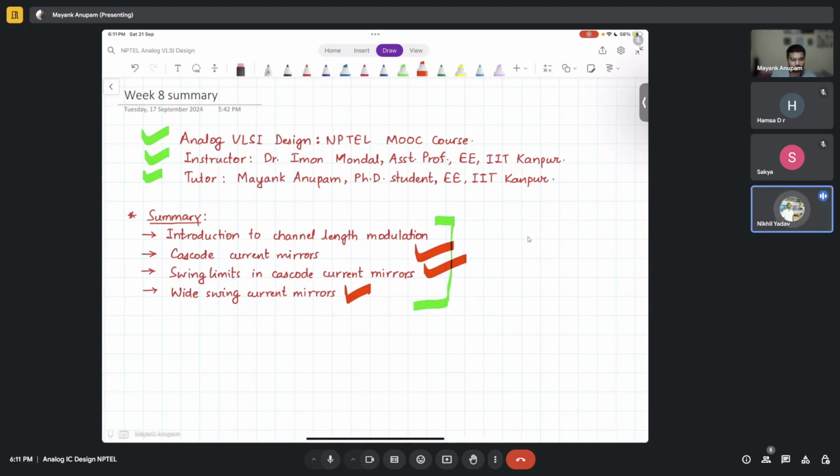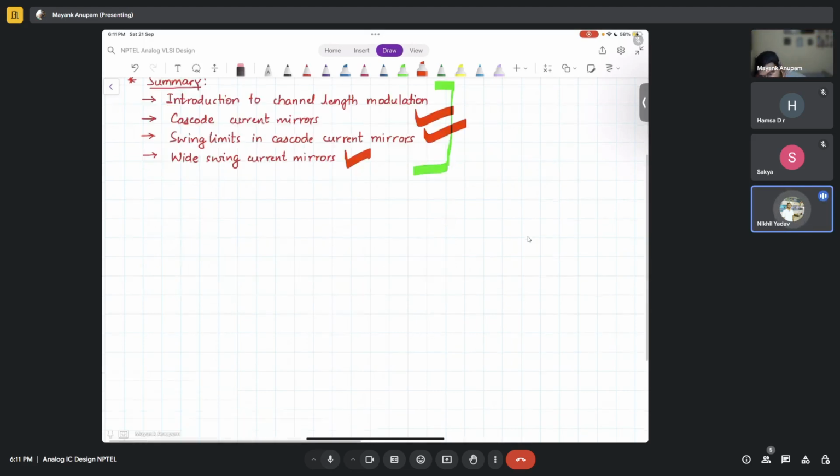Like VCCS, it is applicable only in common source, right? Okay, let's do that. So this is a MOSFET. There are three configurations. This is common source.